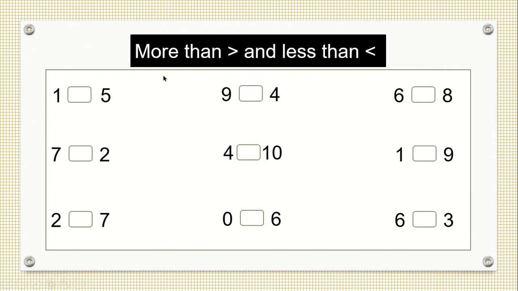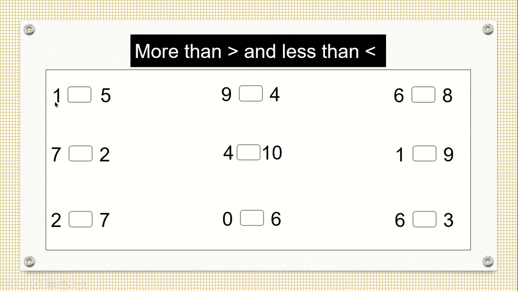Let's look at this in details. More than. We use this symbol to show more than. Less than. We use this symbol to show less than. Okay, so what do you think? 1 and 5.